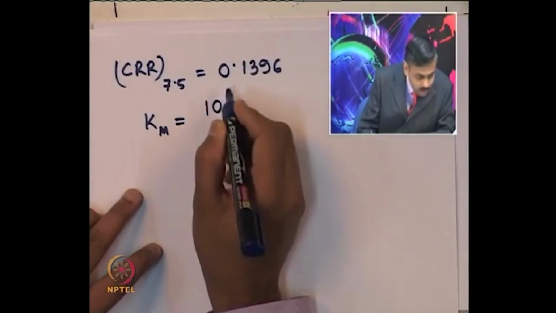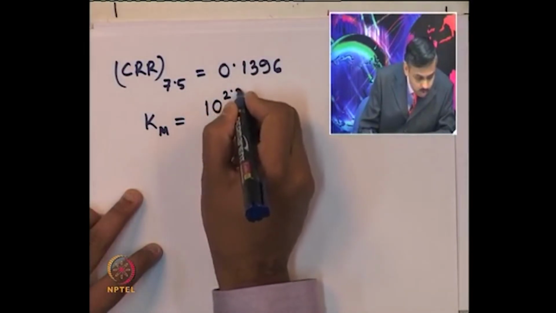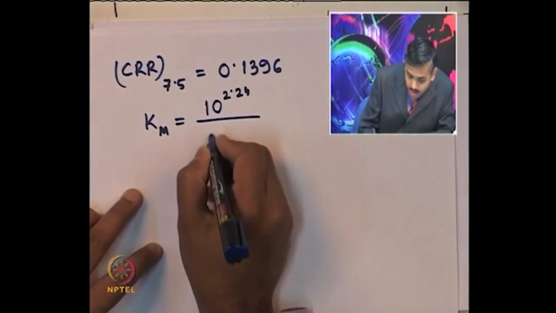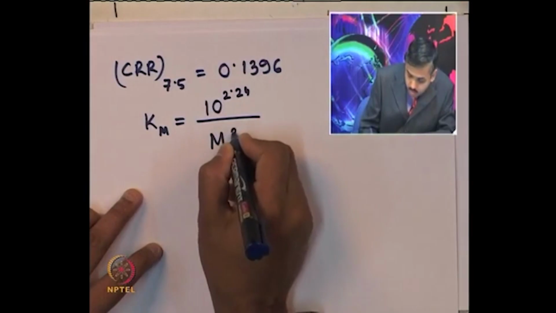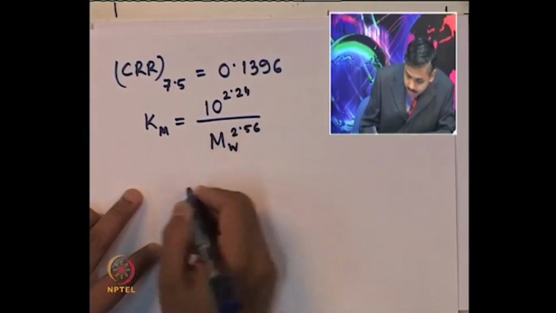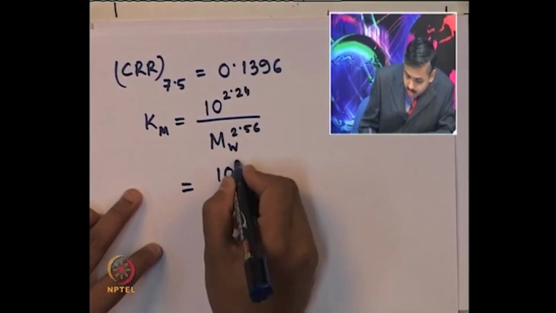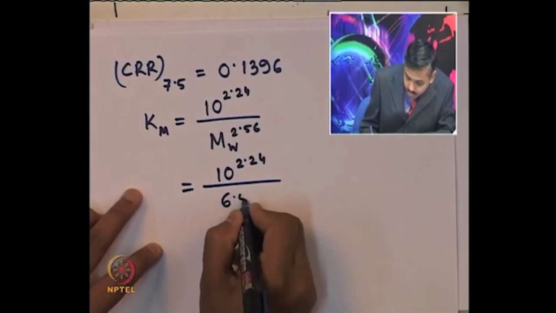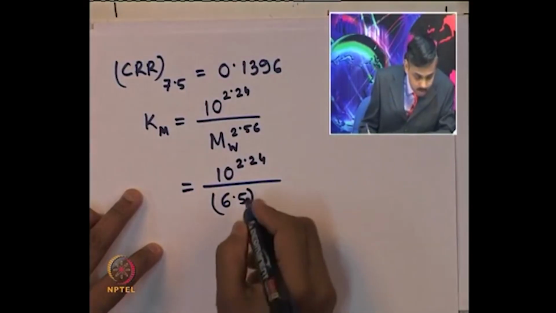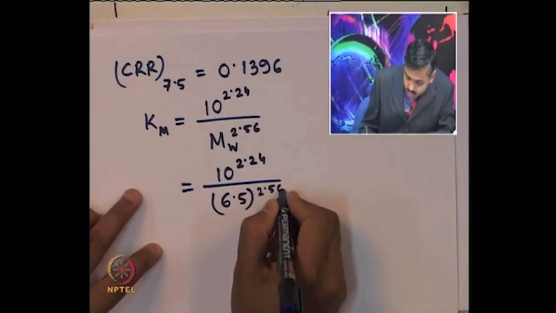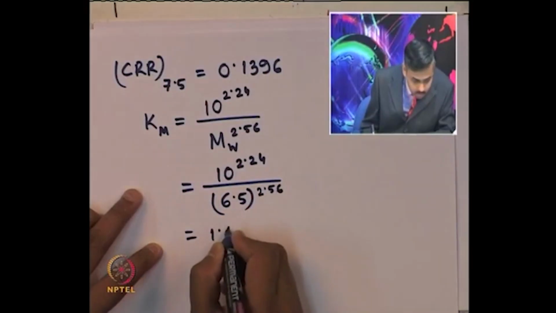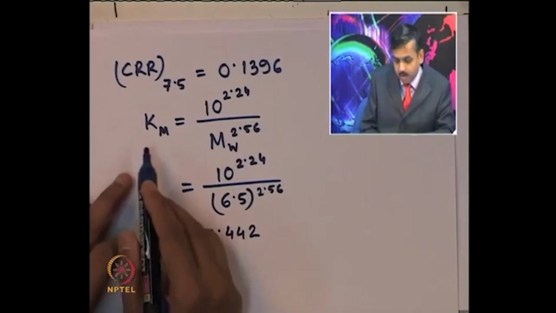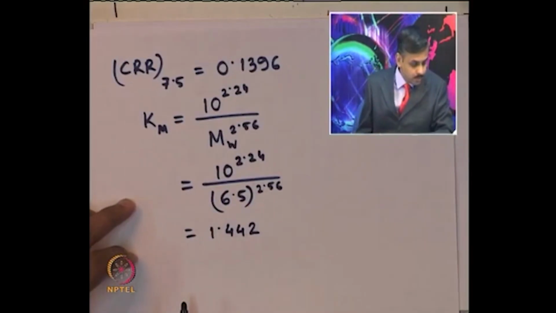The expression for Km is 10 to the power 2.24 by MW to the power 2.56. So, that gives us 6.5 to the power 2.56, which is 1.442. That is the correction factor for magnitude.